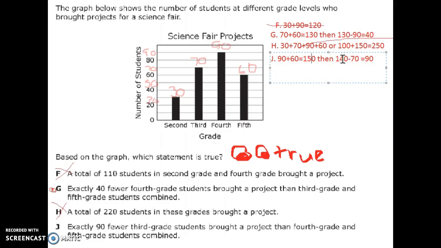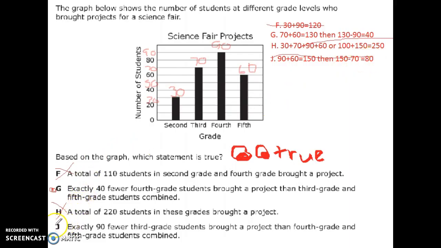Then 150 take away 70 is still not going to give us exactly 90. It gave us 80, which obviously still is not our answer. So we can eliminate this choice now.